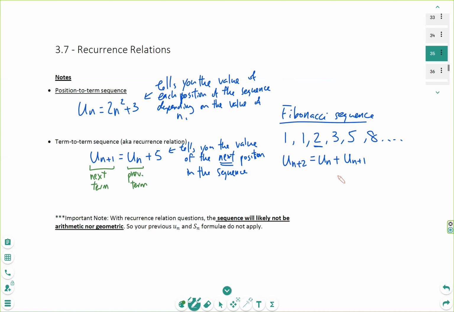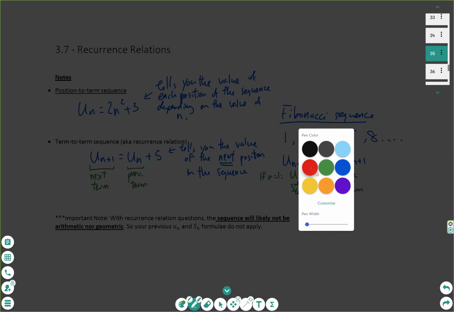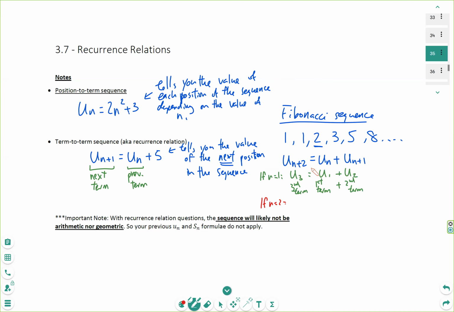If n equals 1, then un plus 2 becomes u3, which equals u1 plus u2. So the first term plus the second term equals the third term. If n equals 2, u2 plus 2 is u4, and u4 equals u2 plus u3. That means the second term plus the third term equals the fourth term.